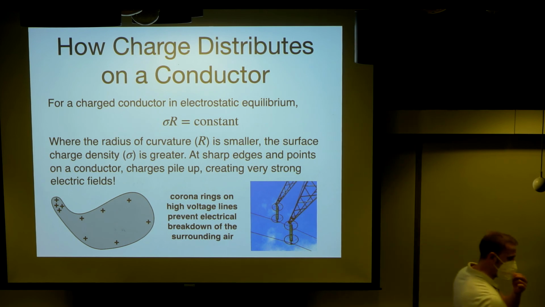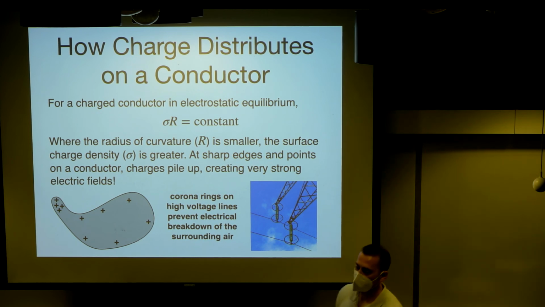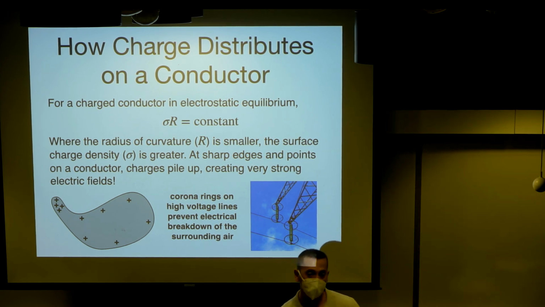Okay, so if you have a conductor with some charge on it, they have very sharp edges and points where R would be very small. Sigma is going to be very large. You're going to have a lot of charge piling up at those points. And as we know, if there's a lot of charge piling up, there's going to be a very strong electric field in the vicinity of those points, right? That might be something you're trying to avoid in a given situation, right?